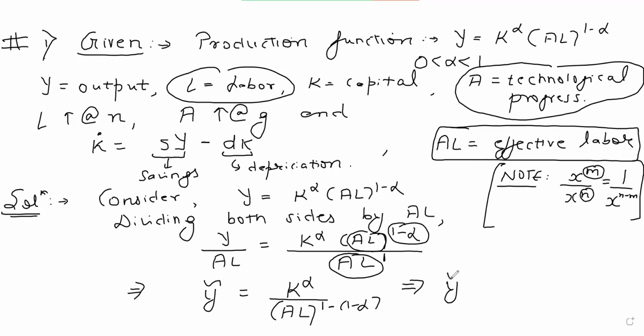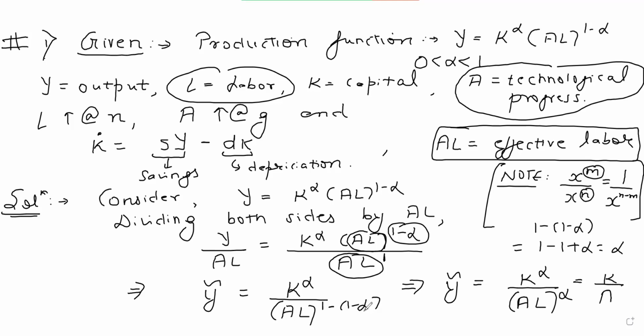So Y tilde is equal to K^α over (AL)^α. 1 minus (1−α) will be how much? 1 minus 1 plus α, which is α. And this I can write as (K/AL)^α, and K/AL I can call K tilde. So Y tilde is equal to K tilde to the power α.